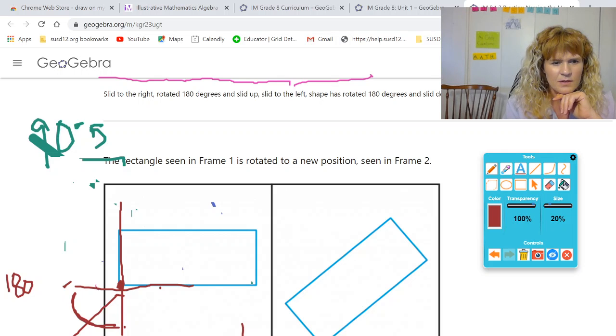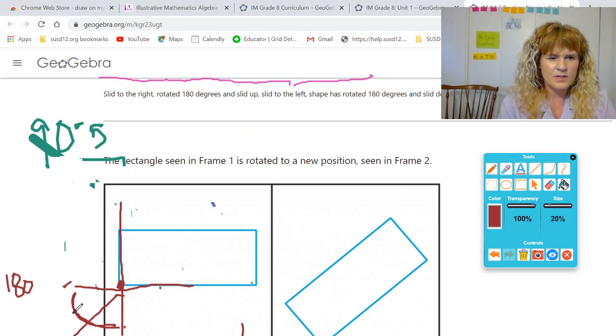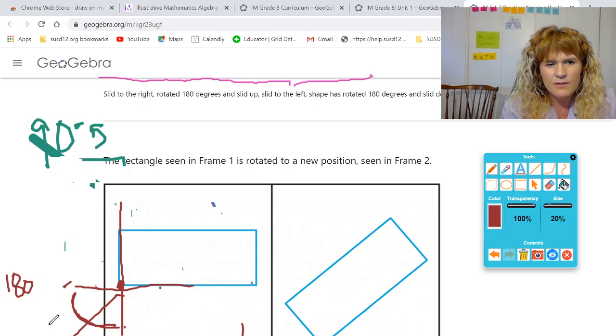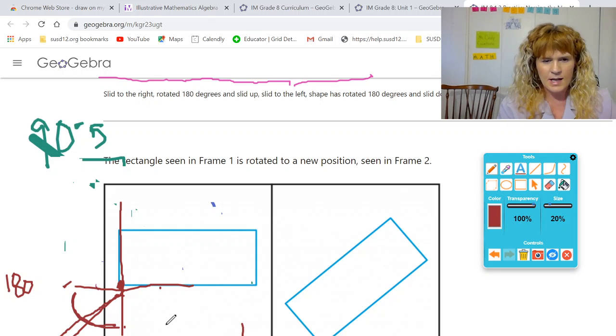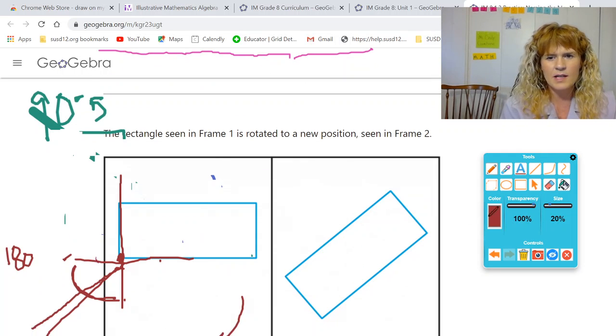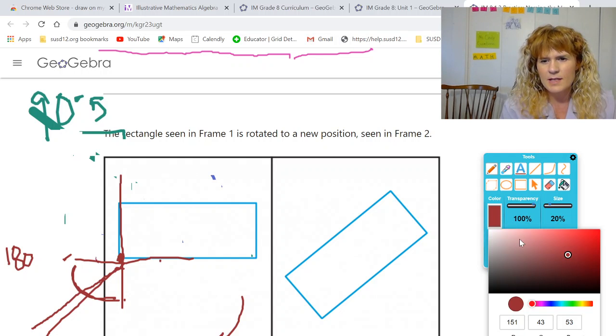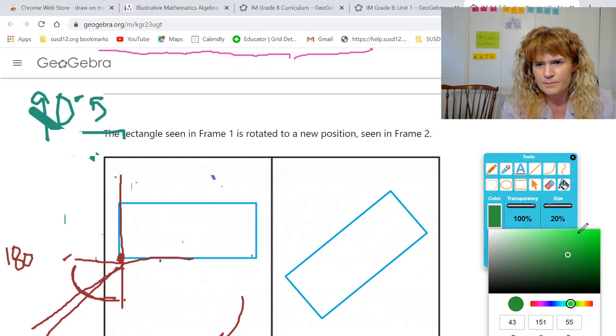So this angle is 135 degrees. You can do a little math and know that halfway between 90 and 180 is 135 degrees. So 140 must be just a little more than that. It doesn't have to be a perfect drawing. I'm just kind of estimating so that I can get my answers.